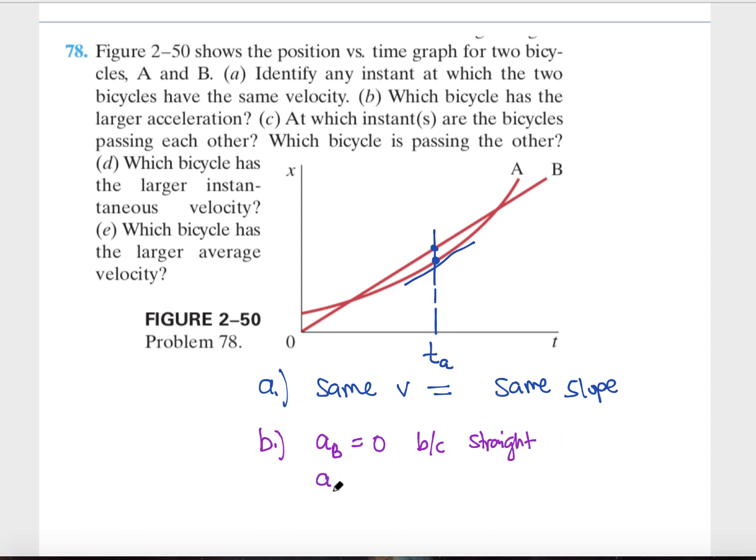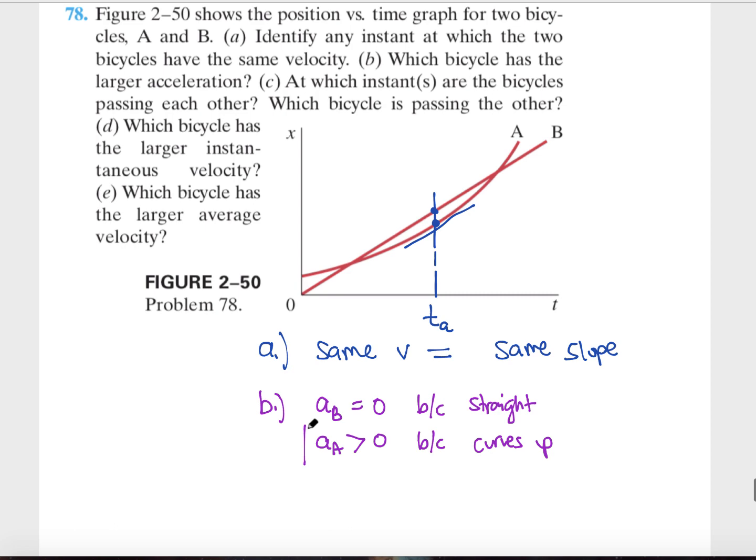The acceleration of A, however, has to have some kind of acceleration because it starts with a low slope and goes to a higher slope. So all I know is that the acceleration of A has to be larger than 0 because it curves upward. Therefore, the bicycle with the larger acceleration has to be A.